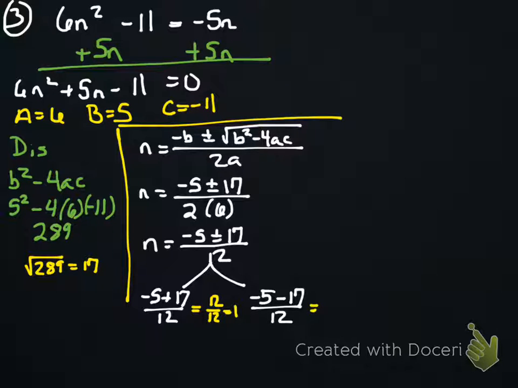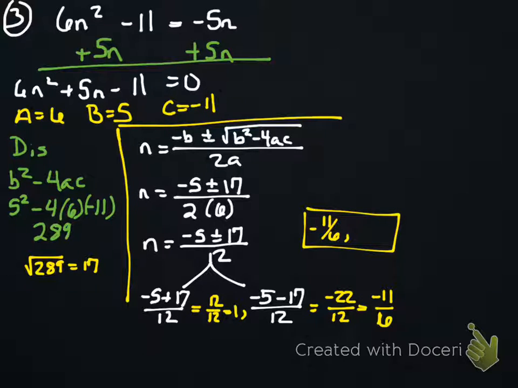Negative 5 minus 17 divided by 12 is going to give us a negative 22 divided by 12, which reduces to a negative 11 twelfths, or negative 11 sixths. So our answer for this problem is negative 11 sixths, comma, 1.